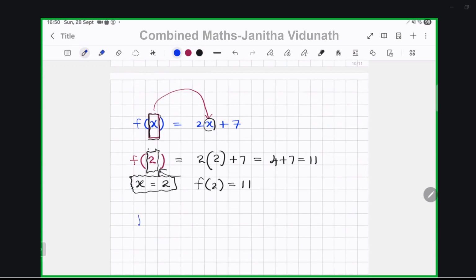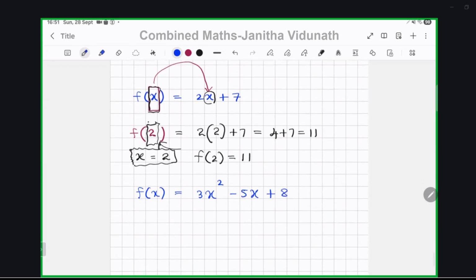Think we have f(x) equal to 3x square minus 5x plus 8. Let's think we have a polynomial like 3x square minus 5x plus 8. Now think we need to find the value f(3).